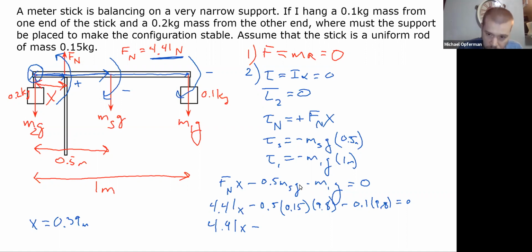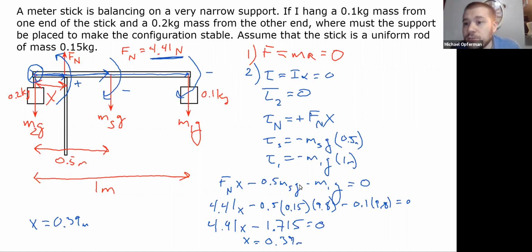One moment. There we go. 1.715. So then that means x equals 1.715 divided by 4.41, and that gives me 0.39.